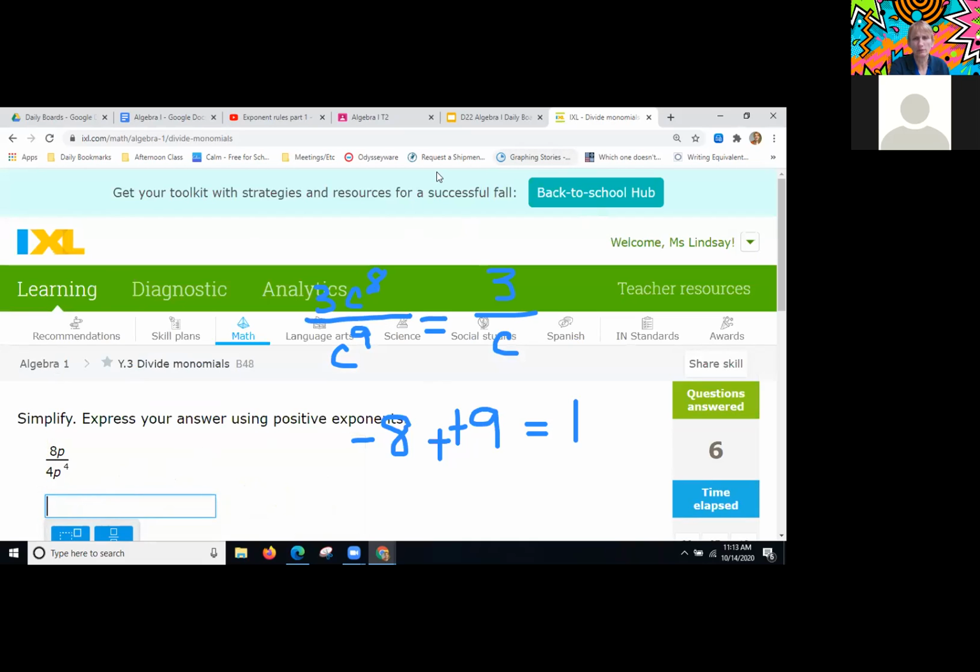All right, so I am going to make a slight change on what's on the daily board to say Y2, 3, and 5, and not Y4.